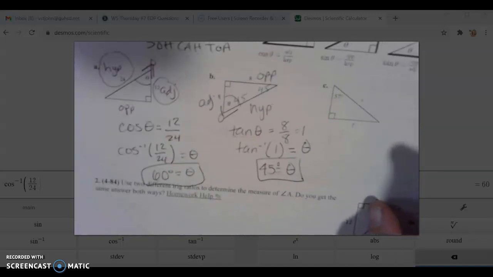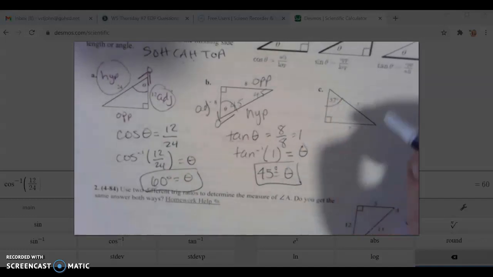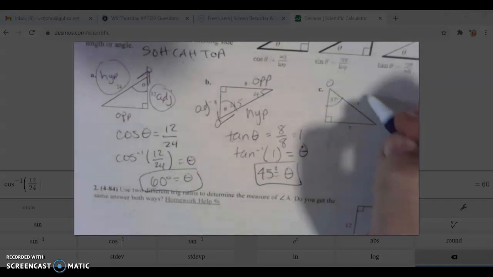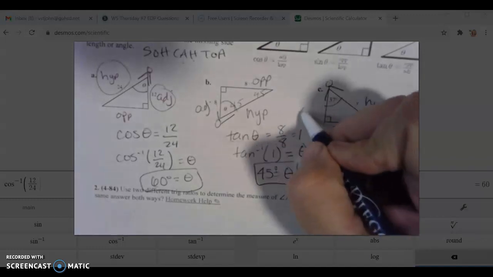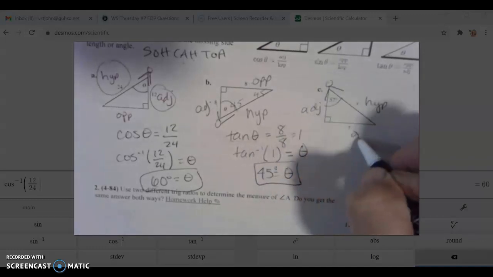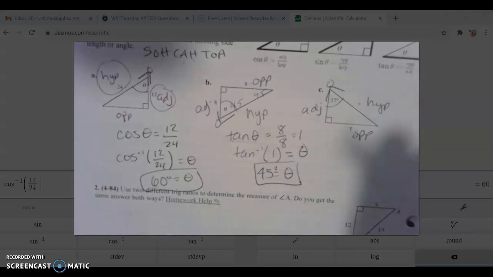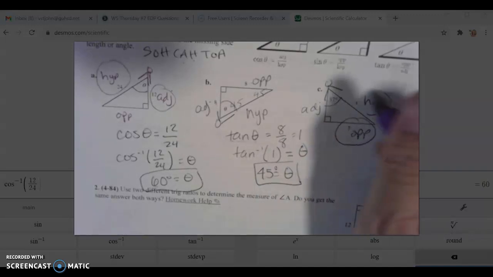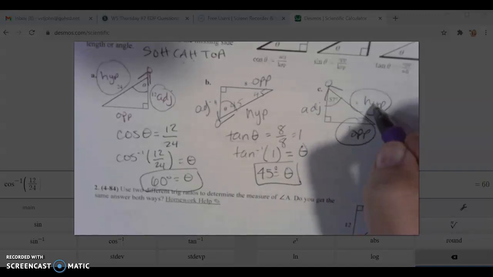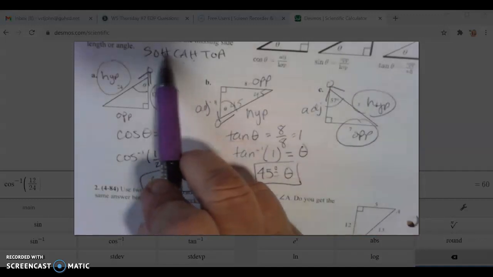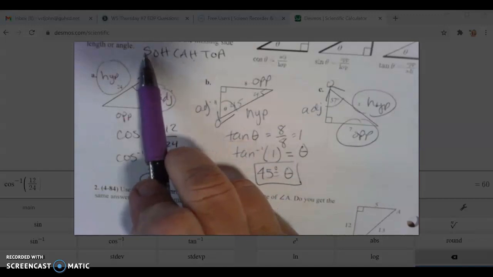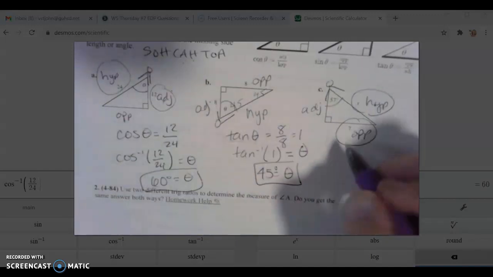Let's look at the next problem. Here's my reference angle. This is my hypotenuse. I'm standing here, so my arms touch the hypotenuse and the adjacent side, which makes this side my opposite. I'm going to circle the pieces I have. I have opposite and hypotenuse. That's the S, or sine.